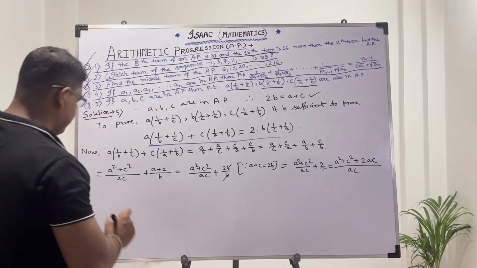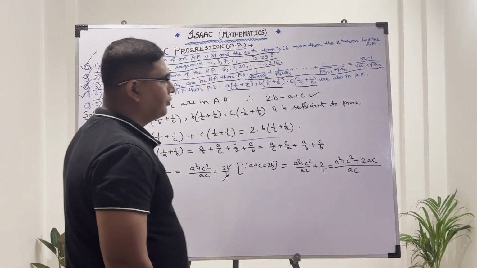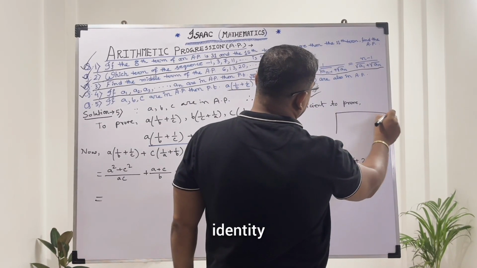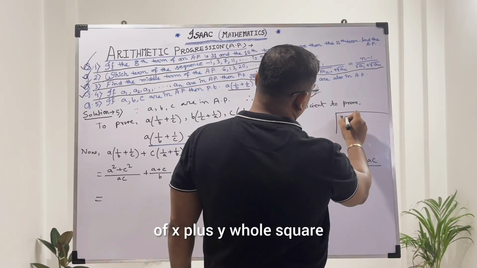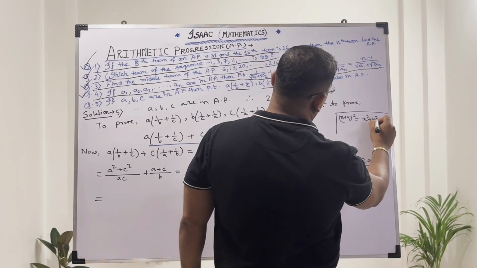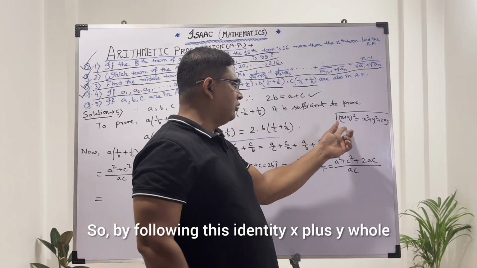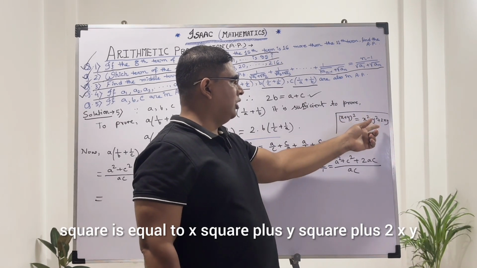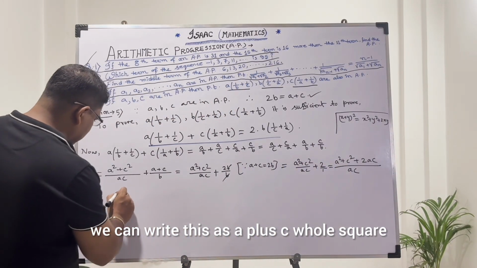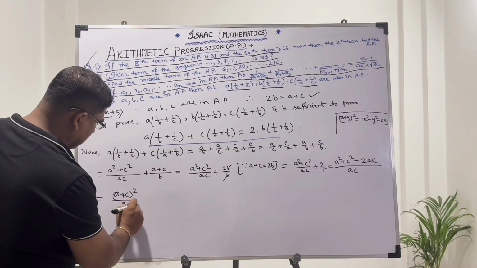Okay. So this will give the identity of x plus y whole square. So by following this identity, x plus y whole square is equal to x square plus y square plus 2xy, we can write this as A plus C whole square by AC.